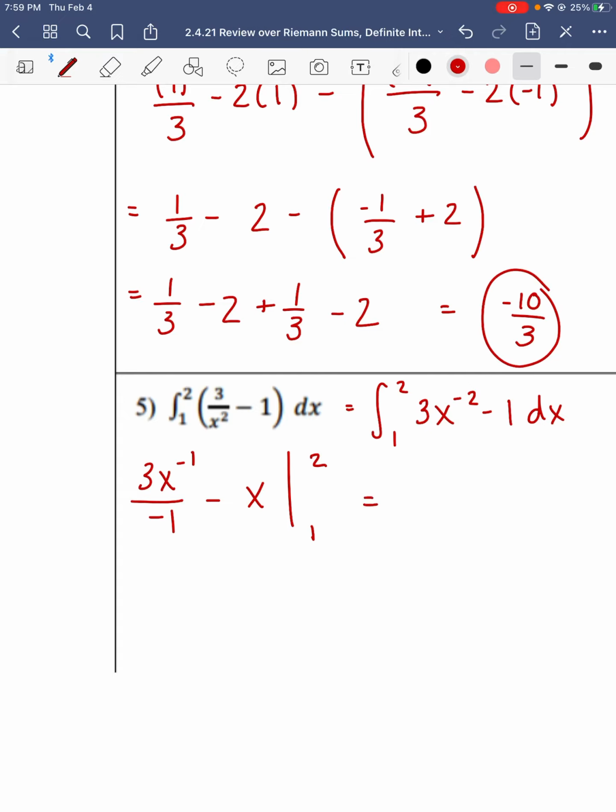And then that really just equals negative 3 over x minus x evaluated from 1 to 2. So we get negative 3 over 2 minus 2 minus all of negative 3 over 1 minus 1.